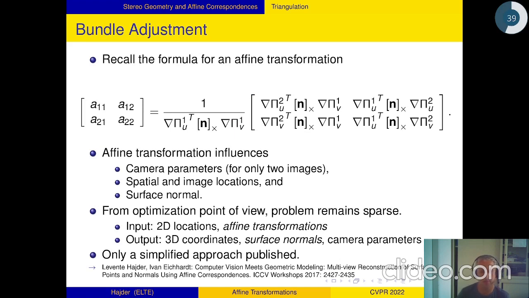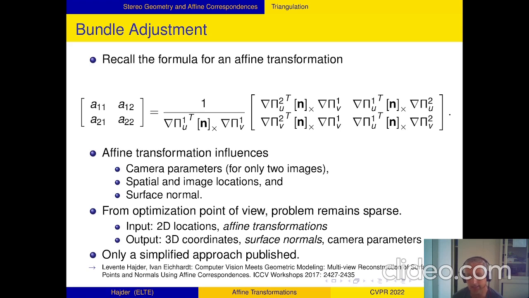And another open question, even if we published a paper in an ICCV workshop in 2017, is that Bundle adjustment can also be applied, because you know that in the Bundle adjustment algorithm the specialty is that the Bundle adjustment is a numerical optimization in which both the camera parameters and the spatial locations are estimated, and if the affine transformations are used as input data, not only the image locations, the two-dimensional coordinates, but the affine transformations can also be used as input data.